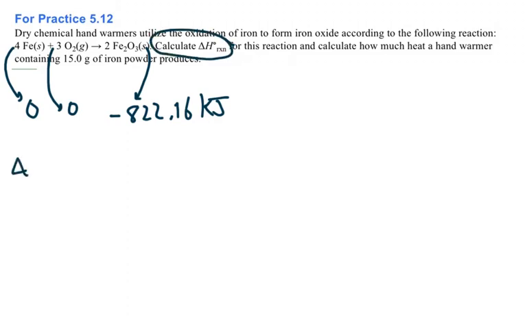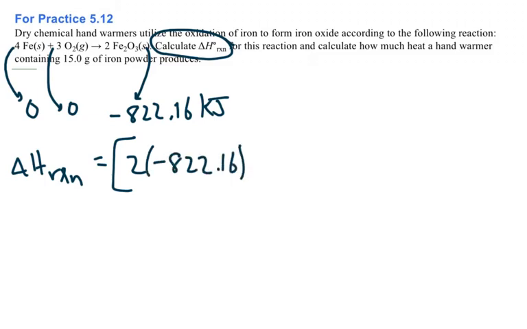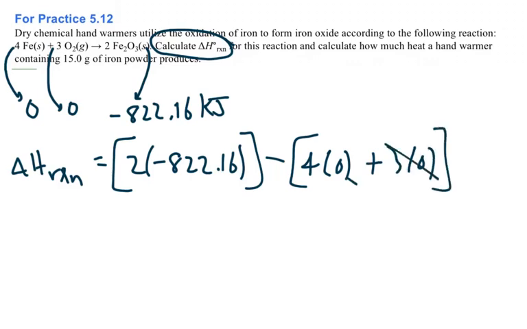Okay, so if we set this up, let's find the delta H first for this reaction. So what you do is you get the delta H of the reaction is equal to the sum of the products. Now there's only one product, and we're going to have to multiply it by 2 because there's 2 of them, minus the sum of the 2 reactants. Here's the nice thing about this one. The math is going to be pretty easy, because this entire side is going to basically be 0.